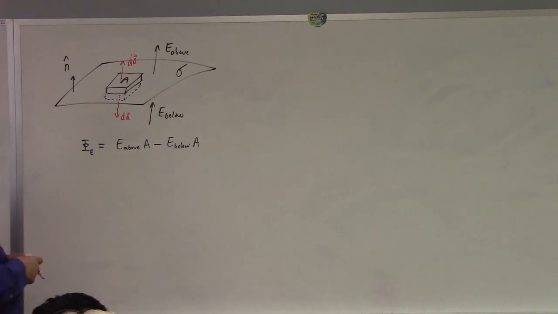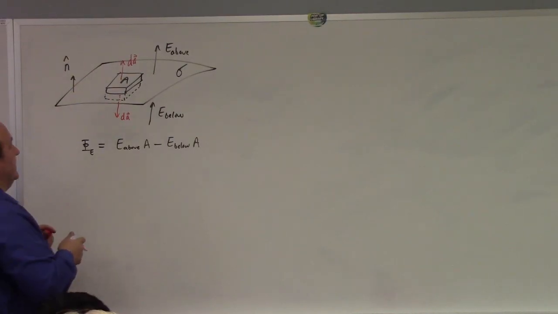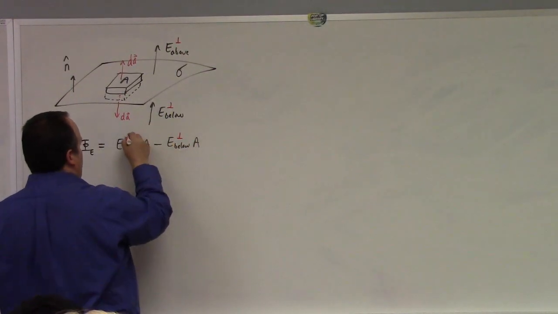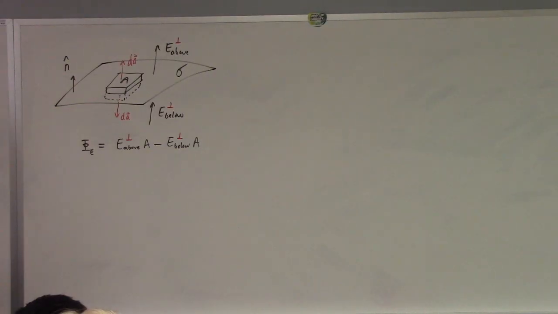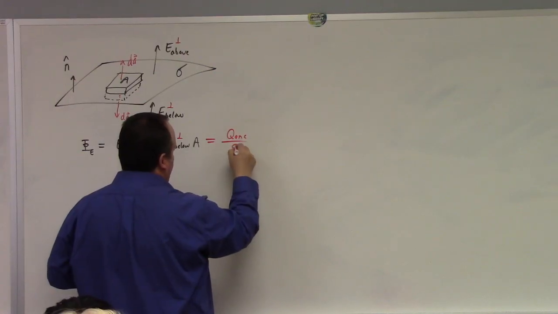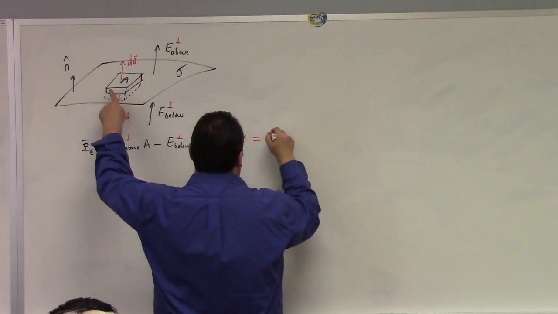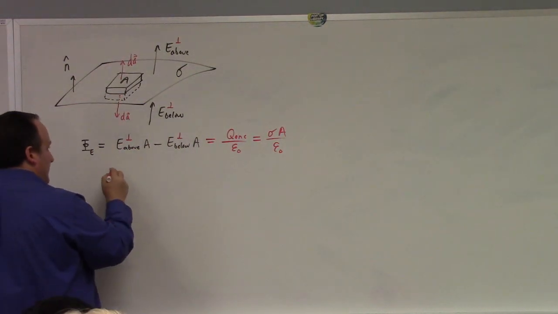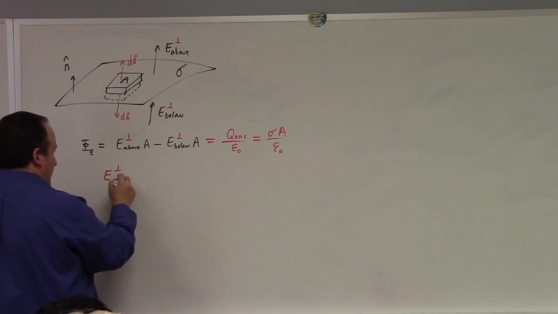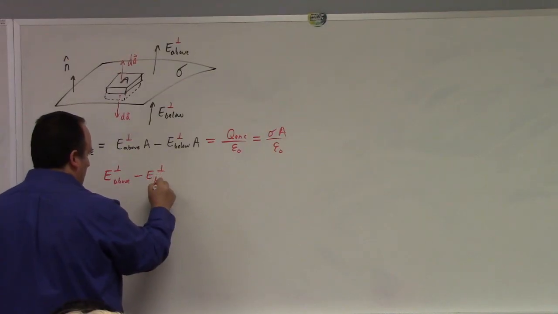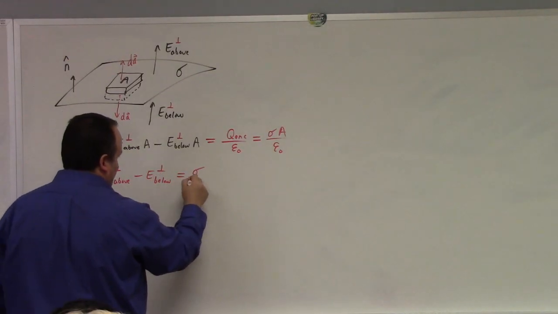So we have the electric field above minus the electric field below, and I really should talk about the perpendicular field. And that's equal to what? Q enclosed over epsilon naught, but in this context, that's exactly sigma A over epsilon naught. Hence, we find that E perpendicular above minus E perpendicular below must be equal to sigma over epsilon naught.